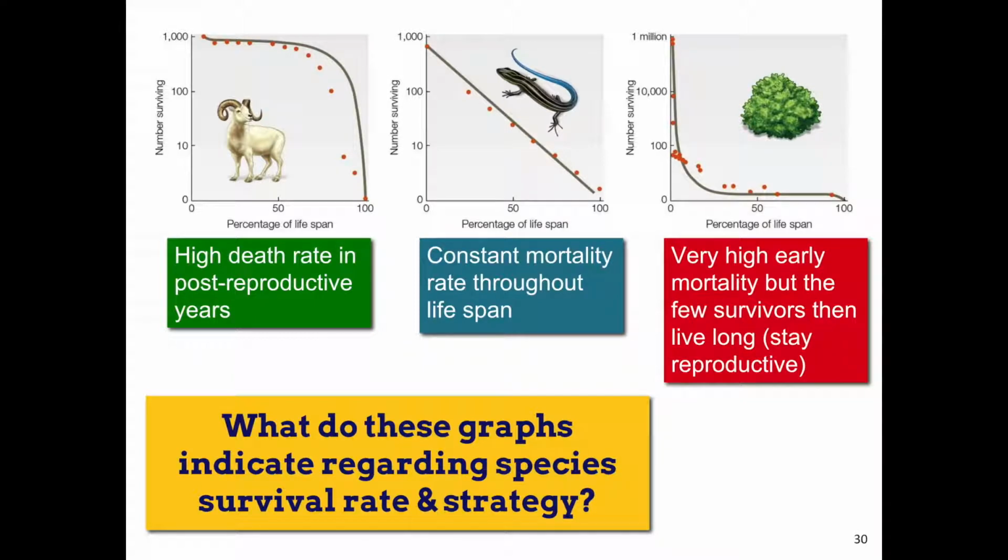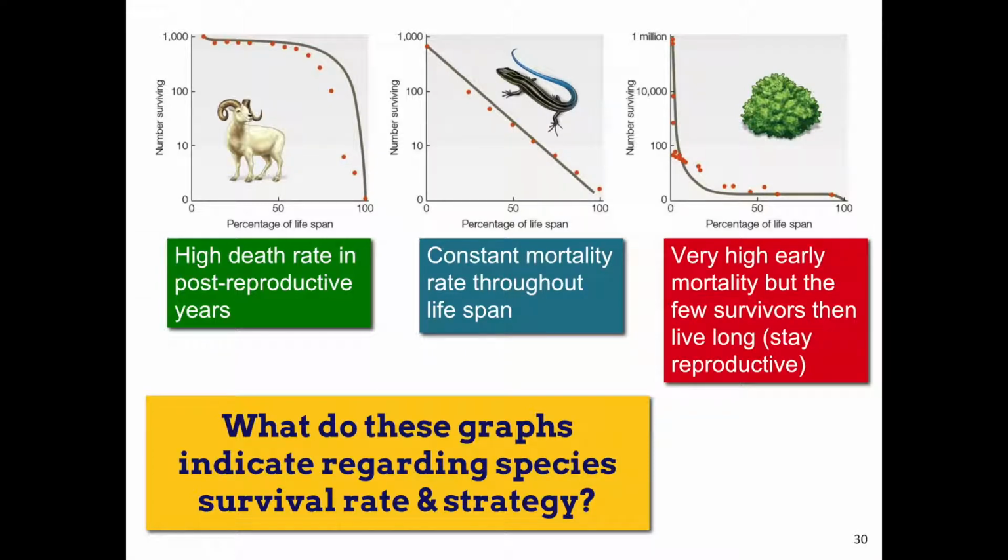Populations differ in the ages at which they experience the most mortality. In some species, many offspring are produced, but high mortality early in life means that few survive to reproductive age. In other species, mortality is highest in older individuals, while in some others, mortality occurs with equal frequency at all stages.